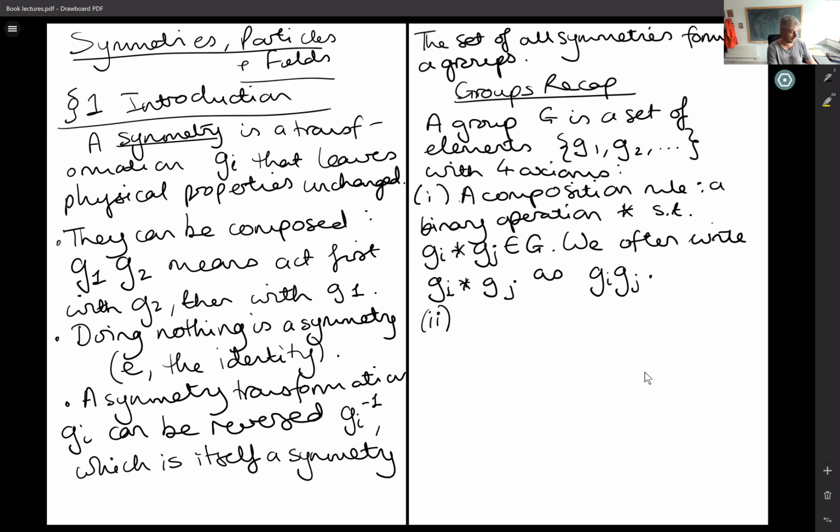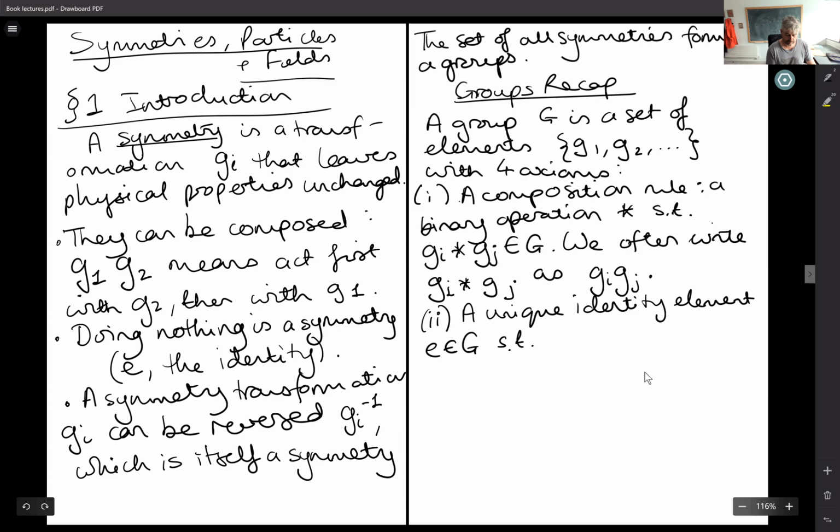That's another symmetry operation. The second axiom is that there must exist a unique identity element in the group, so little e, such that e times any member of the group is equal to any member times e, which is equal to just the group member. And that's for all elements of the group.